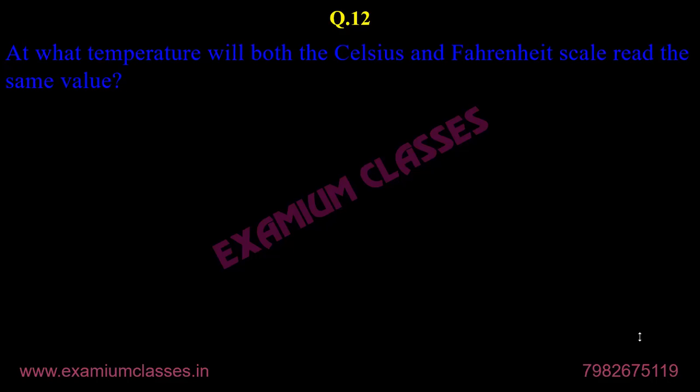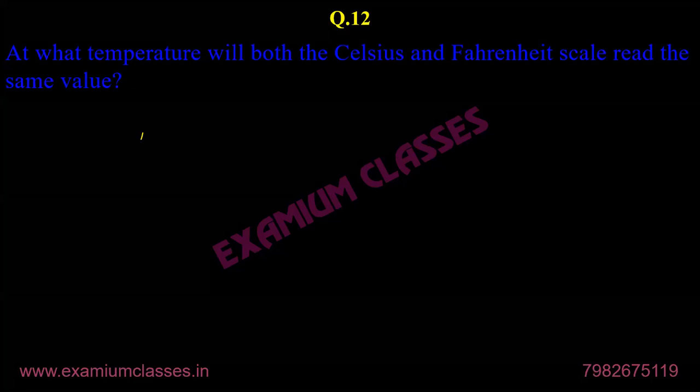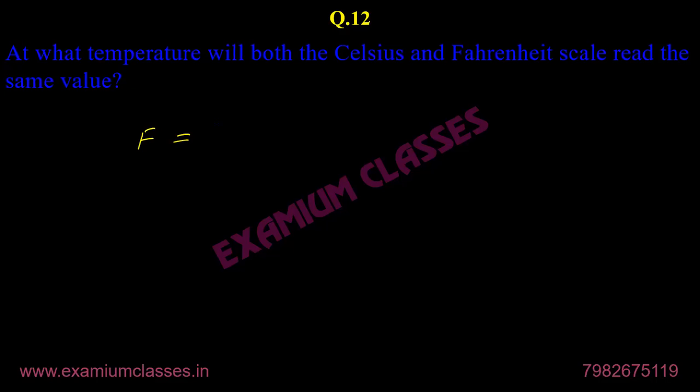Yes, Ashi, correct. So the formula is that Fahrenheit is given as 9 by 5 of the Celsius value plus 32.